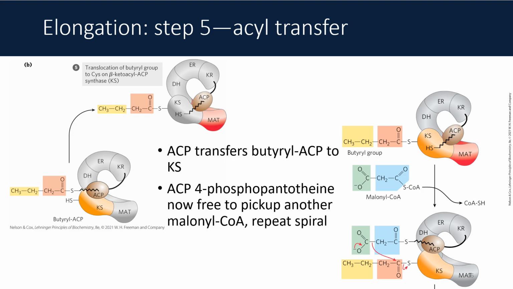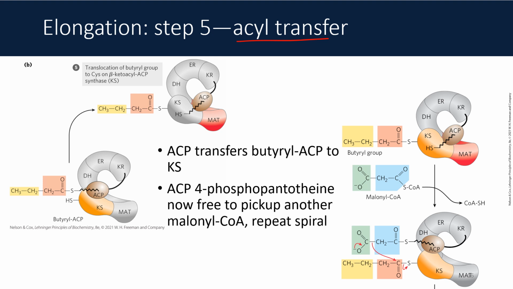In step 5, ACP will transfer this butyryl group that we just made back to KS where we began in preparation for the next round of elongation. We call this acyl transfer. And what we're essentially doing is repeating step 0 in a sense, except our baby fatty acid chain is taking the place of that first acyl group primer that was put onto KS for the first spiral.